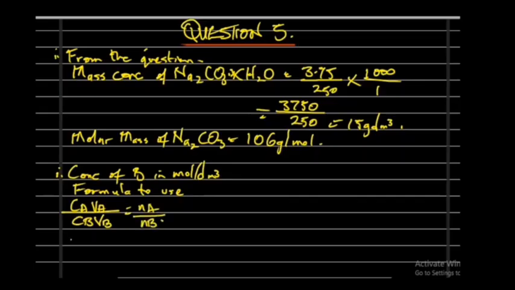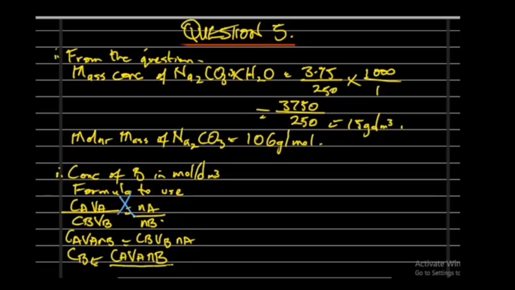So when we cross multiply, we'll be having it looking like this: CAVANB equals CBVBNA, and then making CB subject of the formula. CB equals CAVANB over coefficient of CB, which is VBNA.